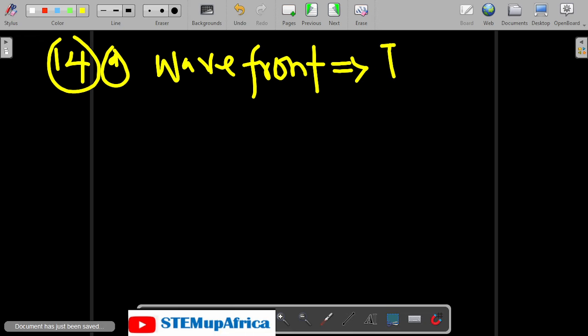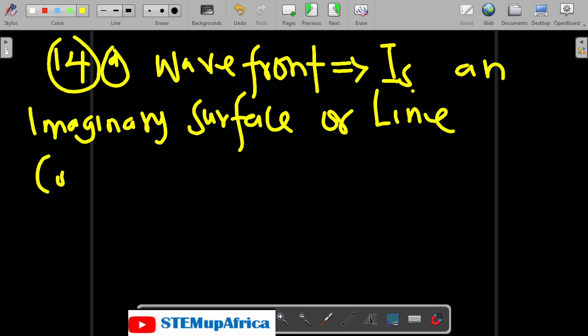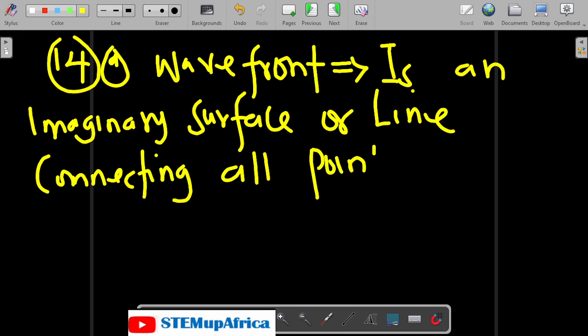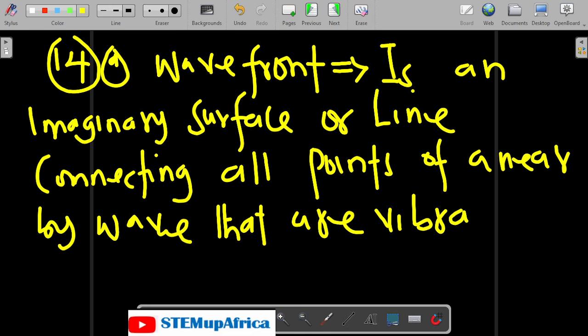A wavefront is an imaginary surface or line connecting all points of a nearby wave that are vibrating in the same phase.